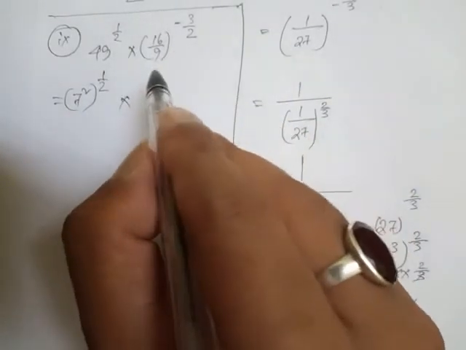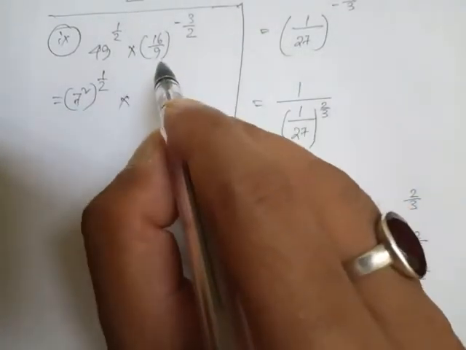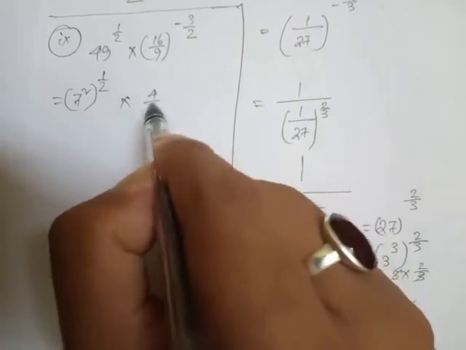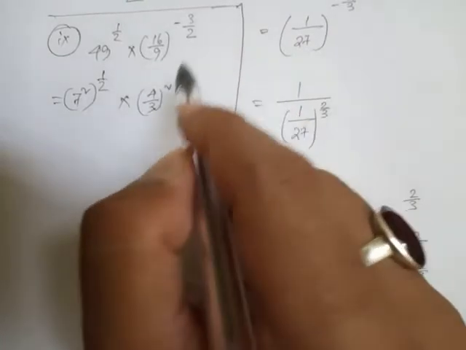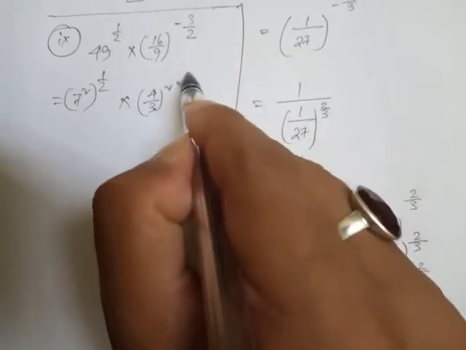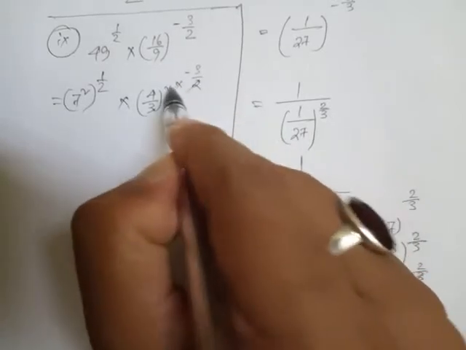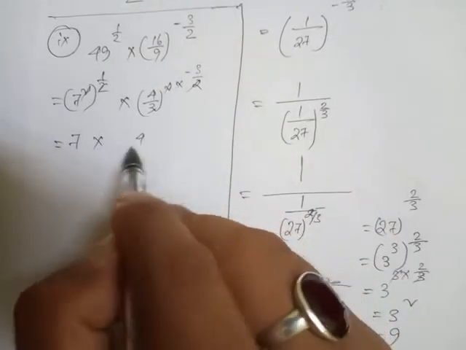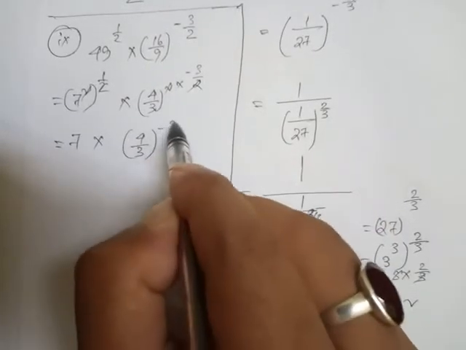Or one thing we can do here, 16 and 9 both are square numbers, so we can write 4 by 3 whole square and then into that power minus 3 by 2. 2 and 2 cancel, here also 2 and 2 cancel, so there will be 7, and 4 by 3 whole to the power minus 3.